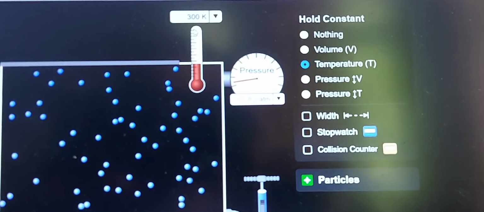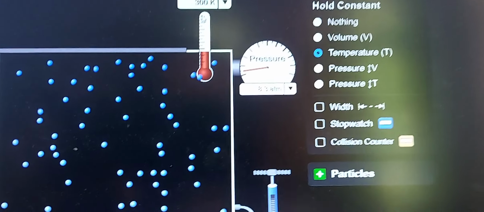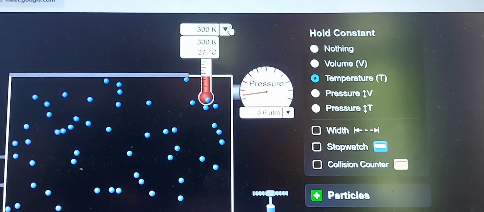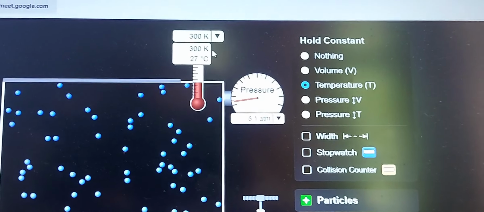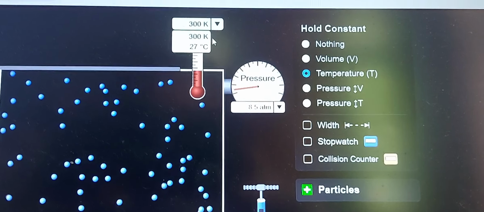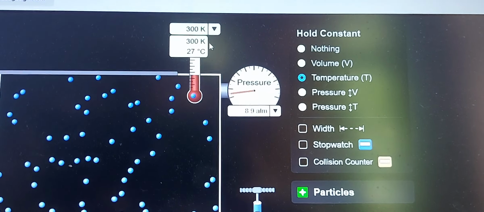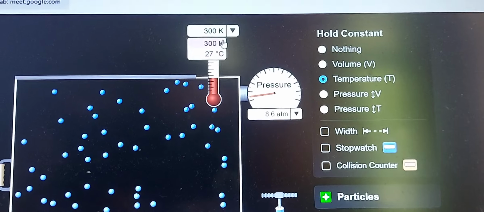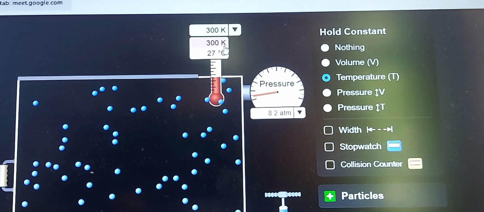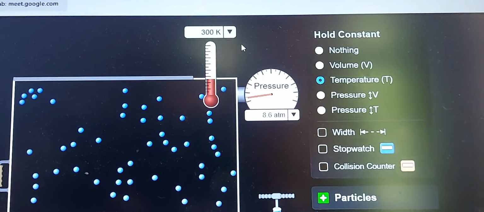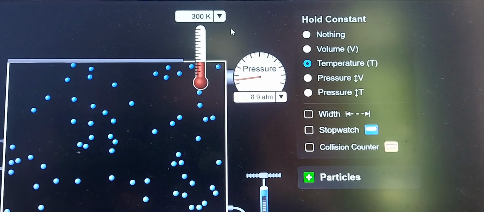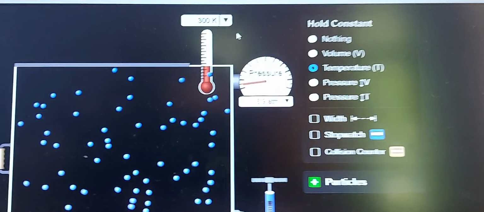Right? Because when you convert 27 degrees to the Kelvin scale, you just add 273. So 27 plus 273 is 300 Kelvin. So, these are the same. But let's just use the 300 Kelvin because that's the standard unit for temperature.